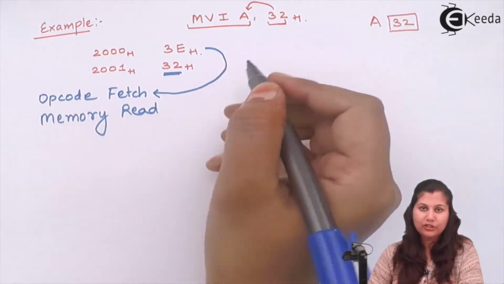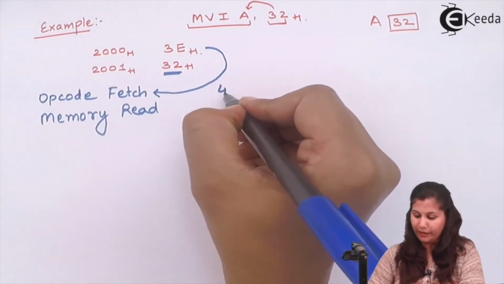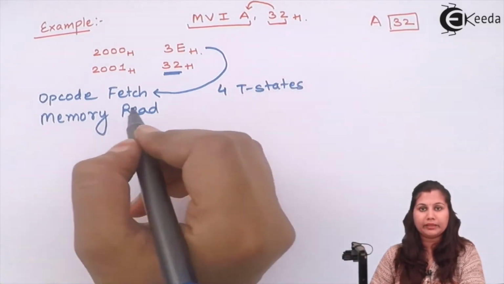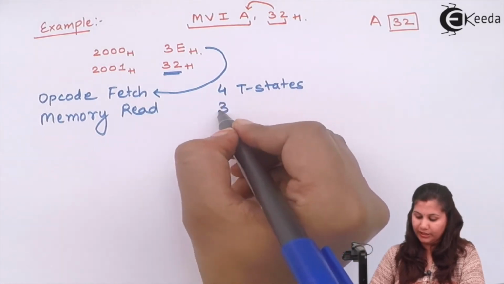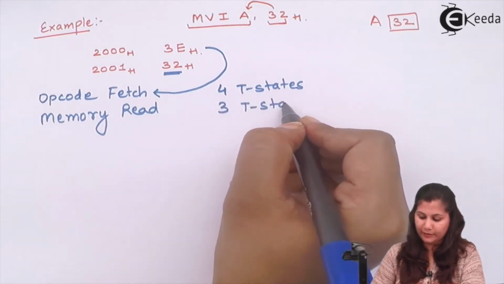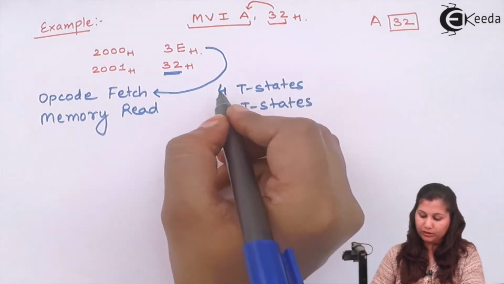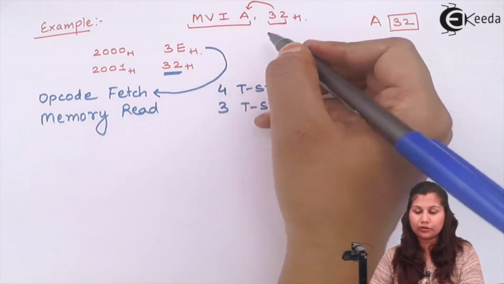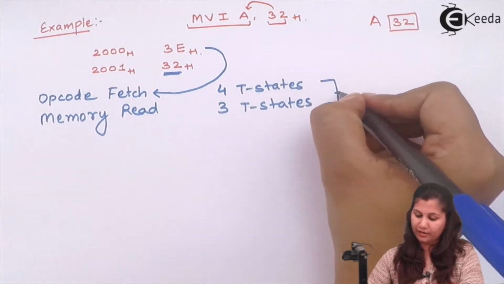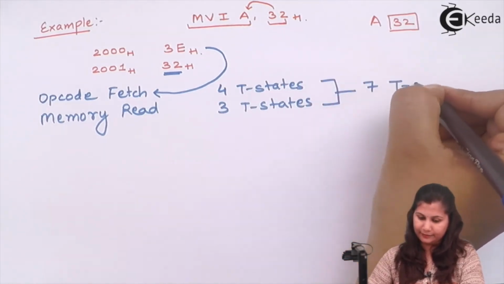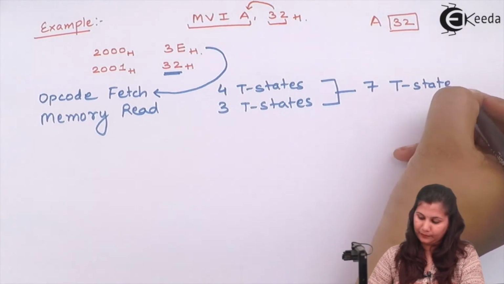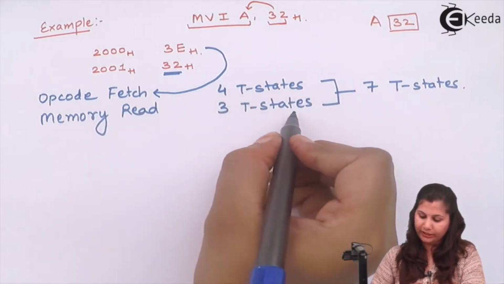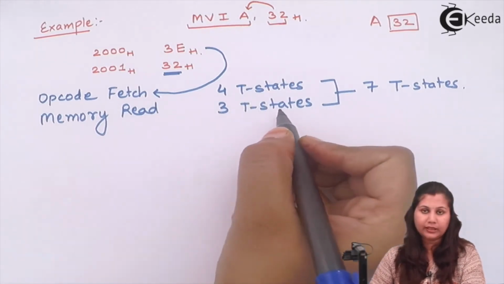Opcode fetch, we have already studied, requires 4 T states. And memory read, as we have studied here, requires 3 T states. So the total T states required for this instruction to be executed are 7 T states: 4 T states for the opcode fetch and 3 T states for the memory read.